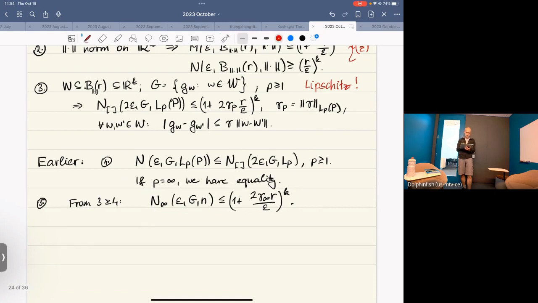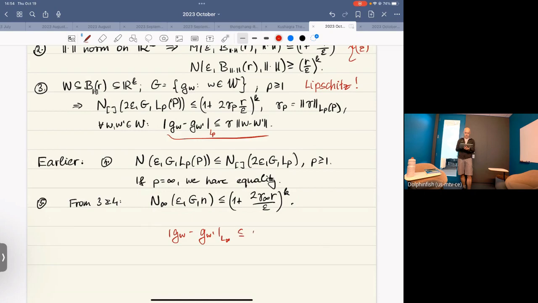In this case, this just becomes gamma times the norm of g(w) minus g(w'). This was an Lp norm here; this is an L infinity norm.